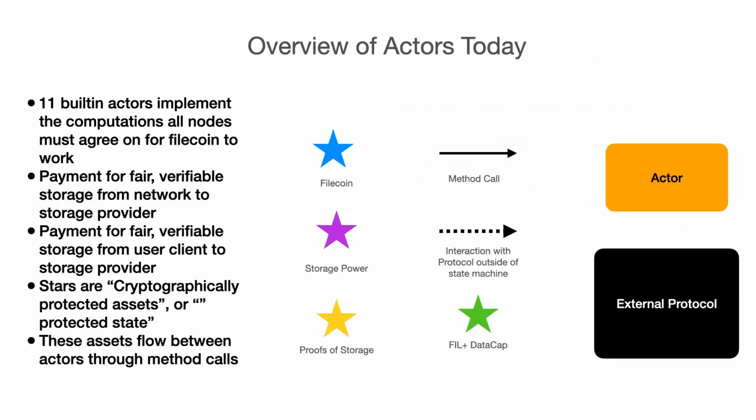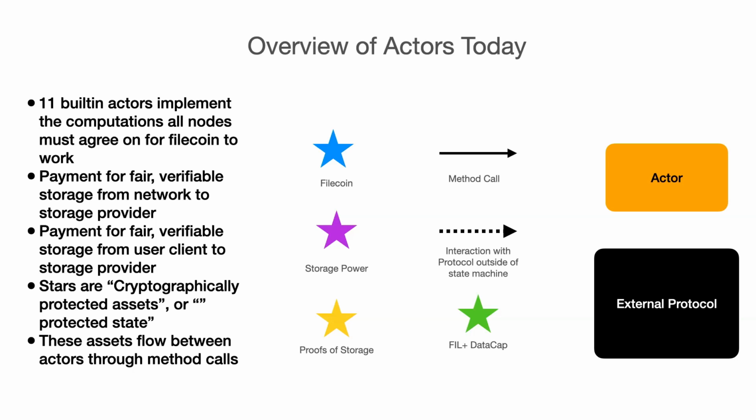Yeah, cool. So I'm going to overview what the system looks like today. We've talked about the programming model for how actors can be put together, but we haven't talked about what they're actually used for, and that's the point of this section. So we've got these 11 actors, and the 2 main things that the current system of actors is doing is providing payment to storage providers for verifiable storage.